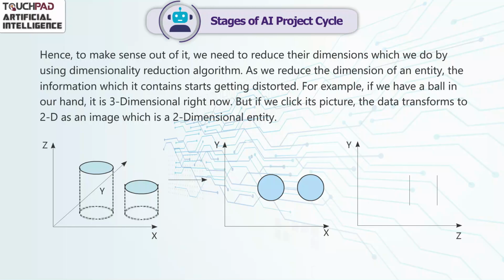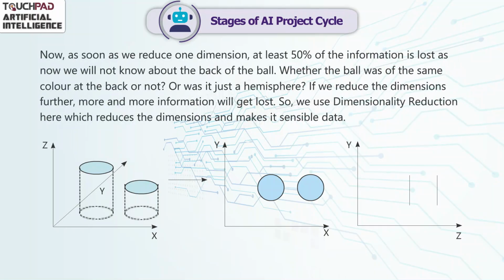For example, if we have a ball in our hand, it is 3-dimensional right now. But if we click its picture, the data transforms to 2D as an image, which is a 2-dimensional entity.